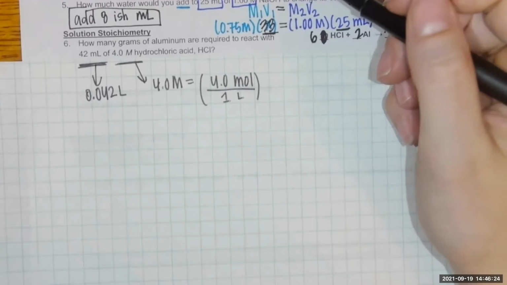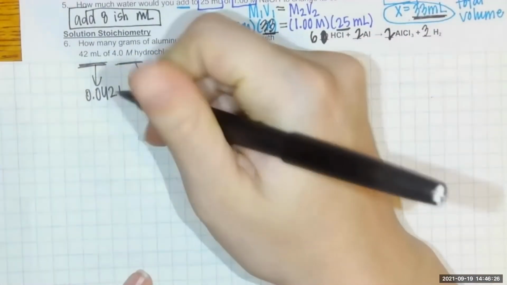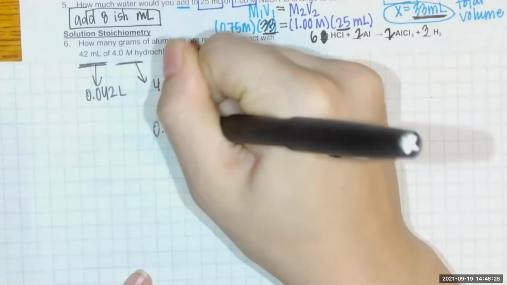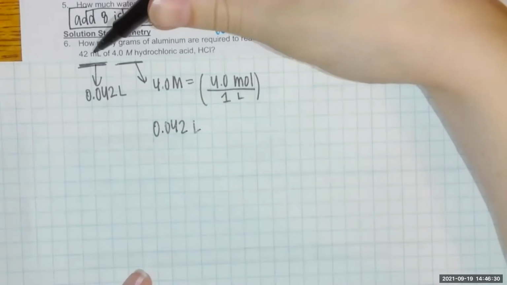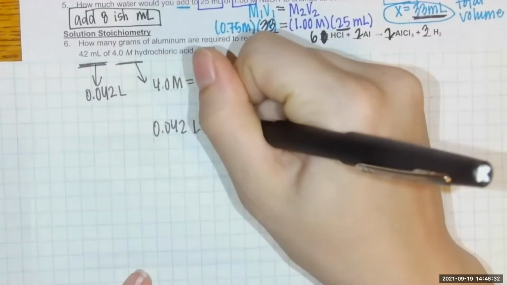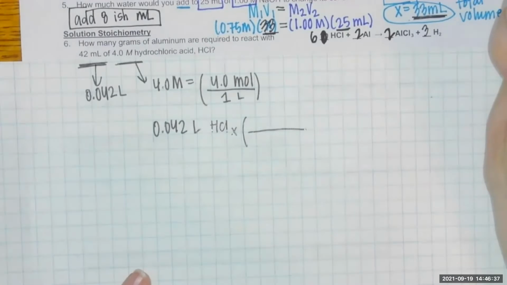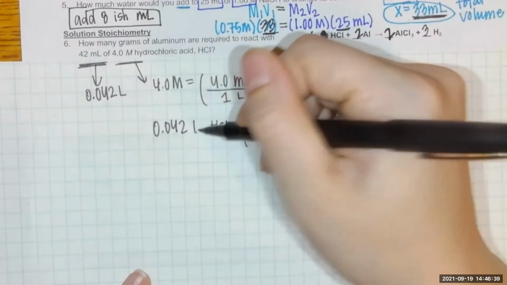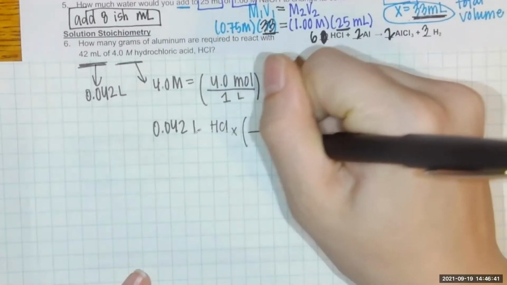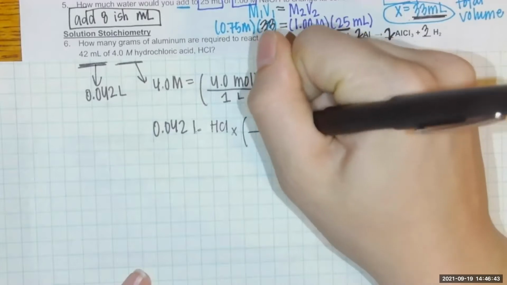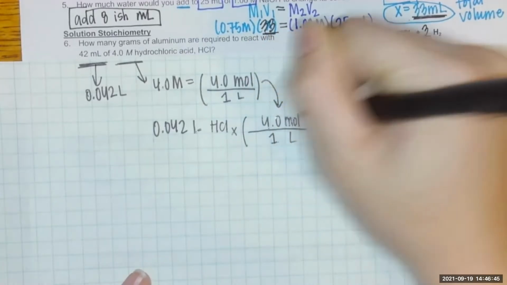Okay, so I have 0.042 liters of hydrochloric acid. Liters on top means liters on bottom. Hey, would you look at that? 4 molar.